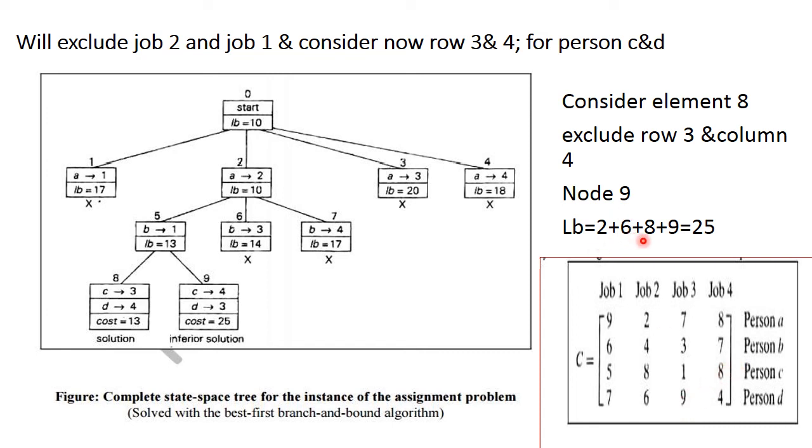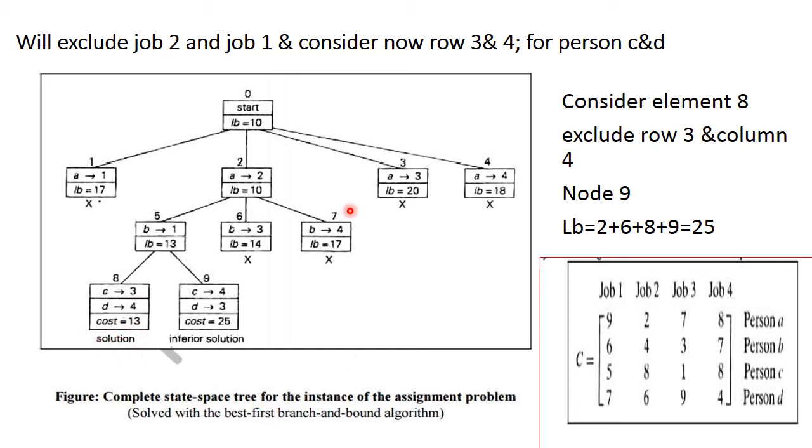So 2 plus 6 plus 8 plus 9 gives you 25, which is the highest among all the leaves, so this will be an inferior solution. Among all the leaves, node 8 gives you the smallest cost, which is 13. So this will be the solution.